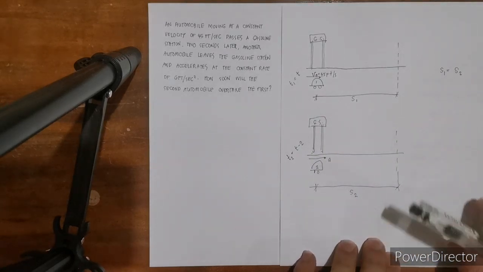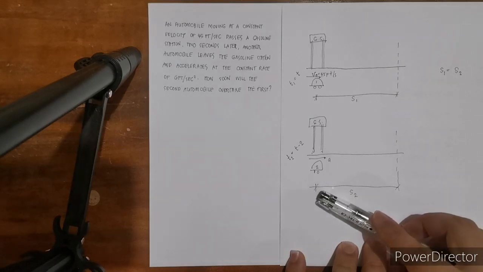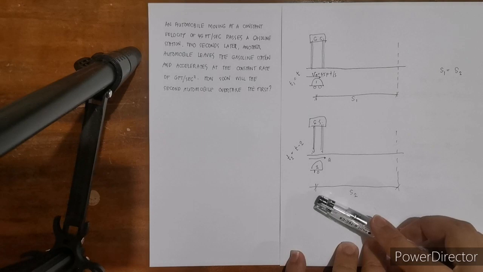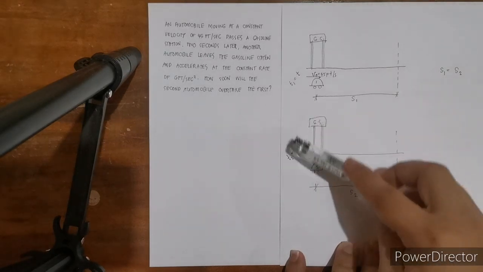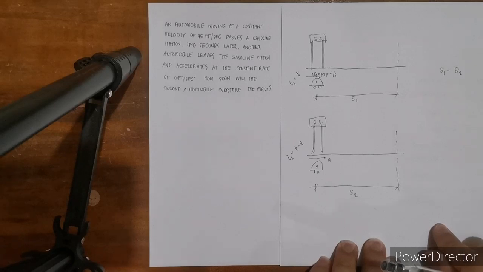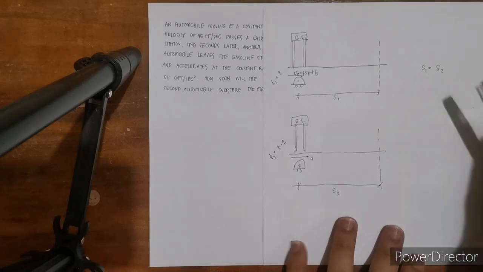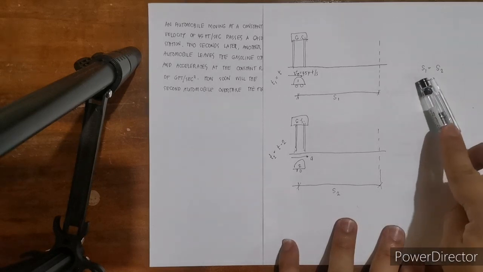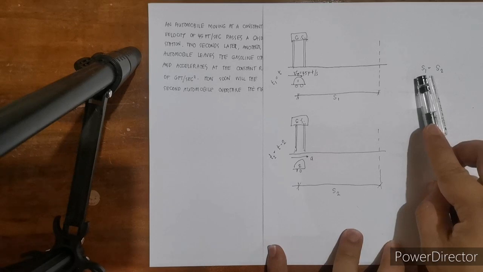So, yun na may nabago. Kanina, sa ating first solution, iniba natin yung ating distance. Parehas yung time. Ngayon dito, parehas yung kanilang starting position, but then, the time is not equivalent. So, nag-iba na yung ating equation. Okay, what is S1? Again, dapat alam nyo yung ating motion ng ating body.